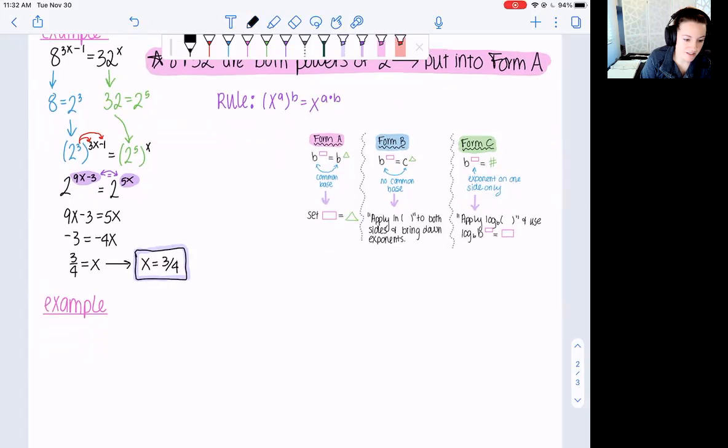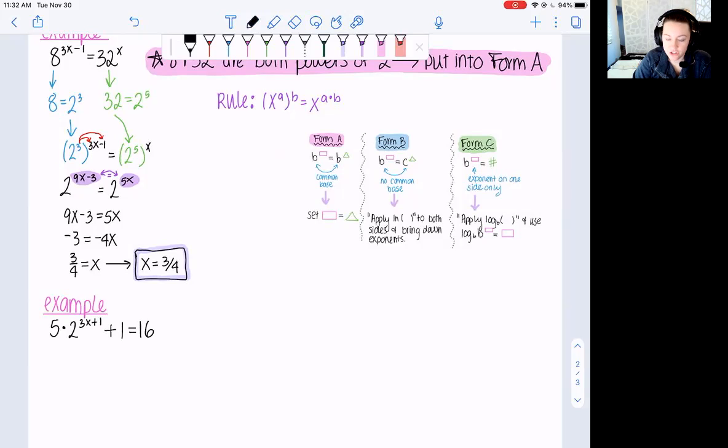All right. So we have 5 times 2 raised to 3x plus 1, plus 1, is equal to 16.